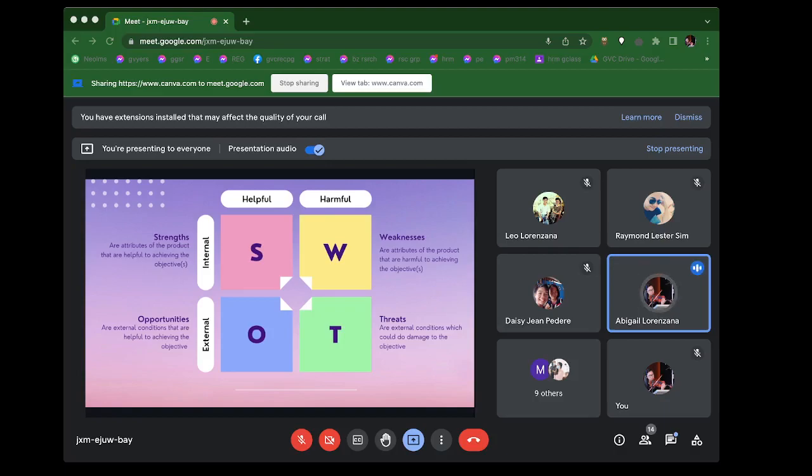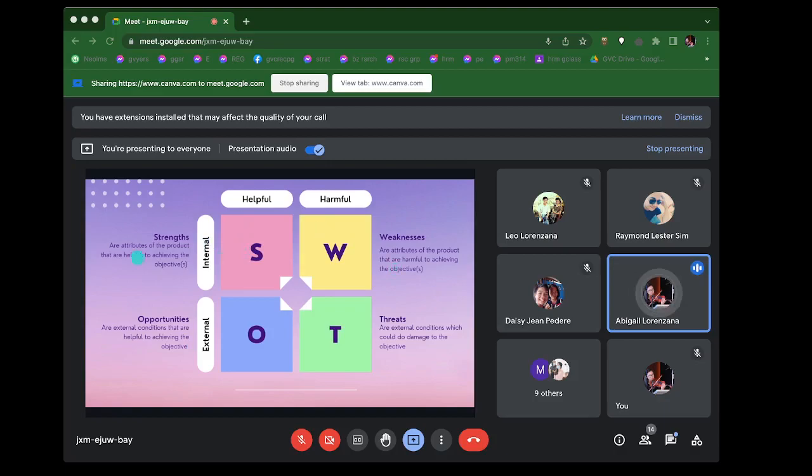Maybe your competitors, or yung hindi mo makontrol yung delivery or shipping, it's out of your boundaries or out of your authority areas. So those are the differences between weaknesses, threats, strengths, and opportunities. So we have internal, external, helpful, and harmful.